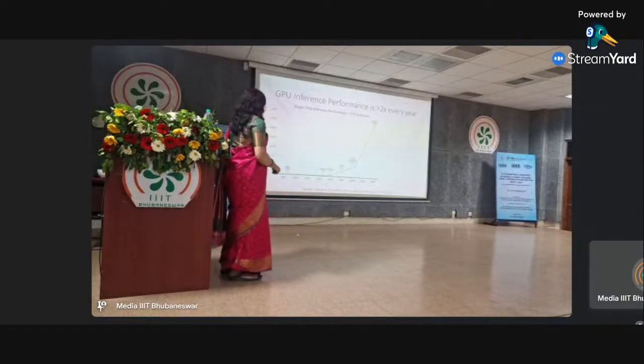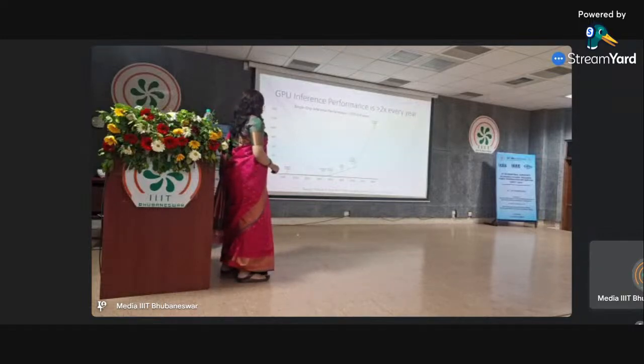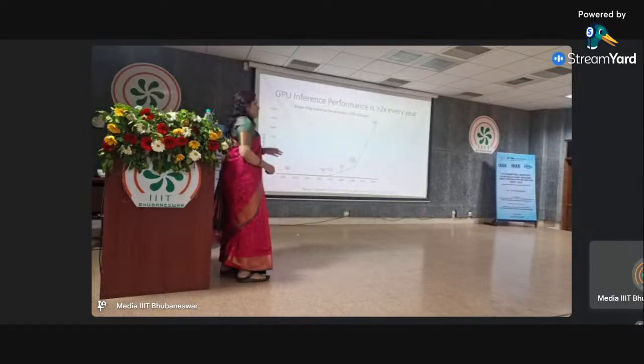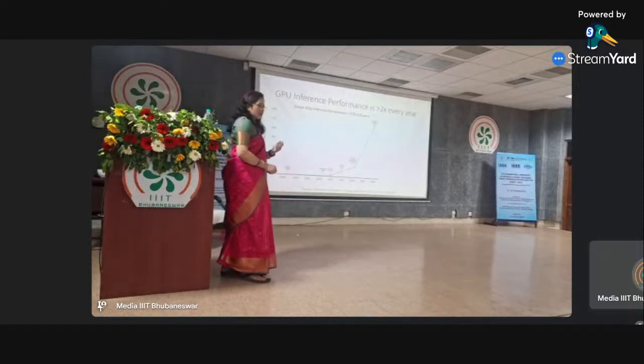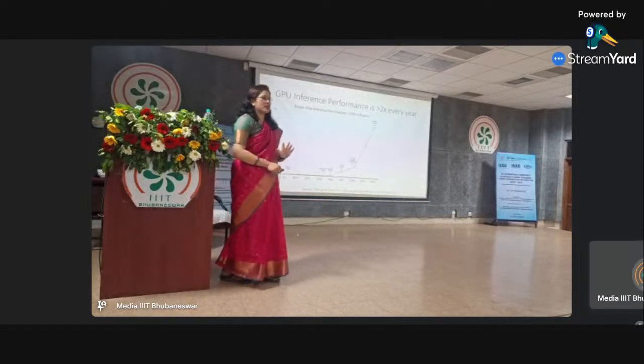Here, what I have put in the slides is a slide by NVIDIA. The names Kepler, Maxwell, Pascal, Volta, Turing, Ampere are the different generations of the GPUs, marked with the years in which they were released. And the K20X, M40, P100 are the specific GPU model names.